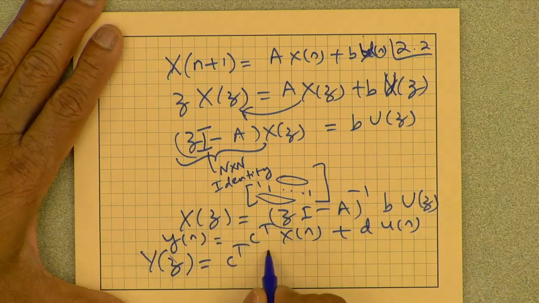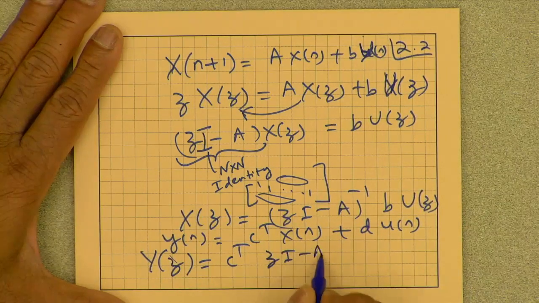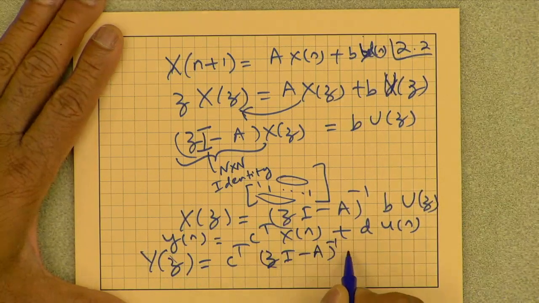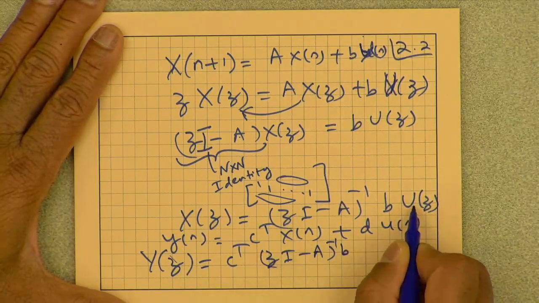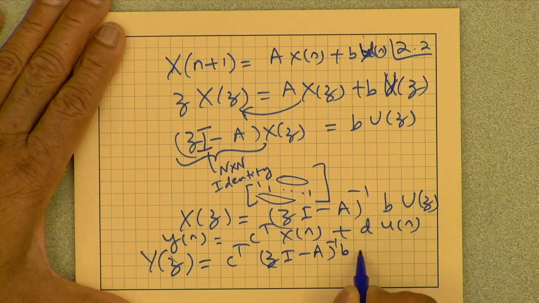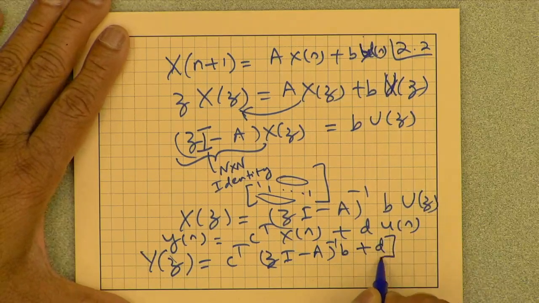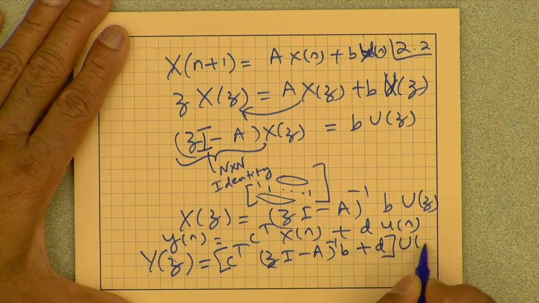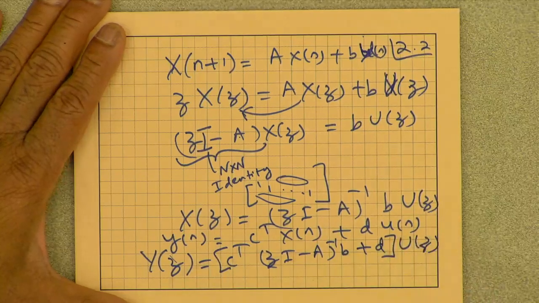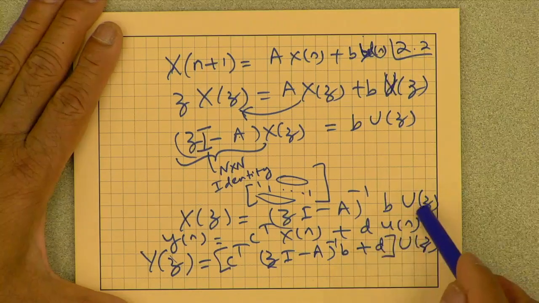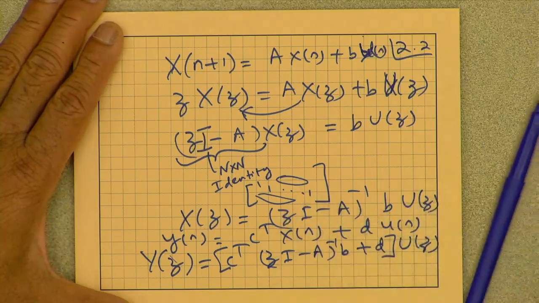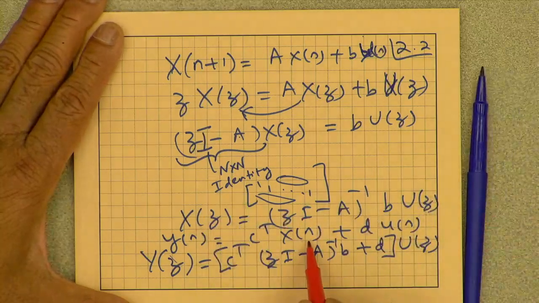I substitute (zI minus A) inverse times B U(z) plus d U(z). So I can write this as plus d, all times U(z). So I've skipped a couple of steps, not too many, but just substitute this X(z) here and then take the U(z) outside.